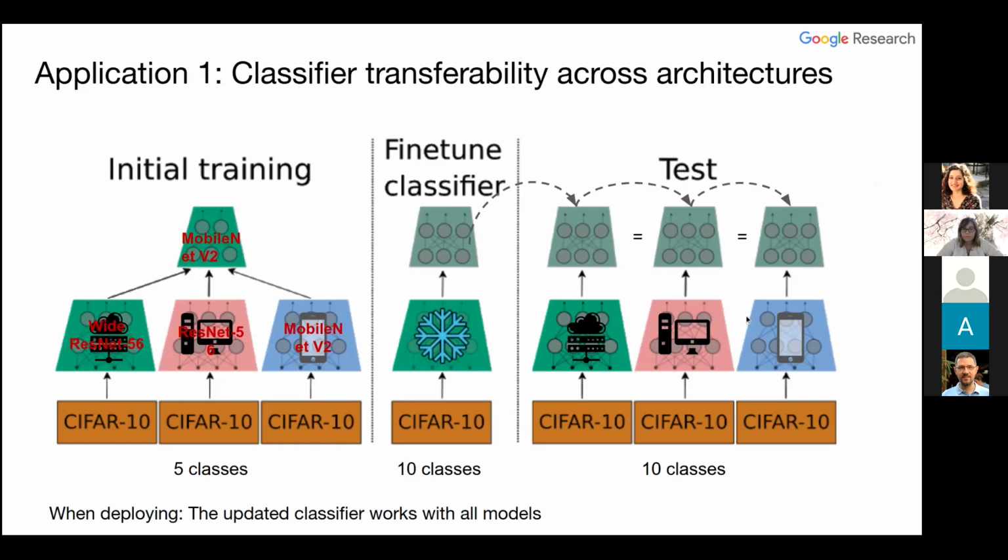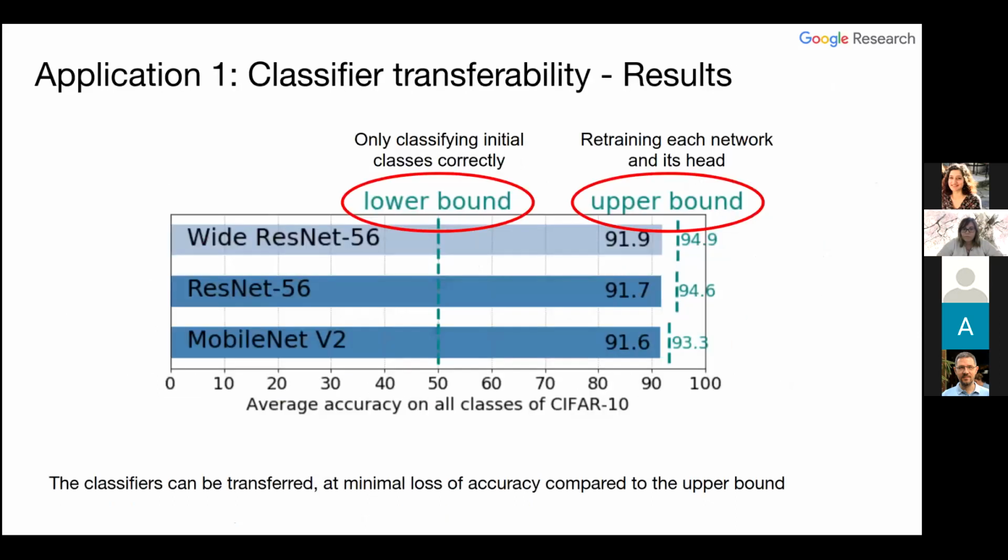So we get, for example, the mobile model with a combination of feature extractor and classification head that was never seen during training, and then directly use that model. Here are the results, where as an upper bound we have the brute force approach that I introduced earlier, where we retrain all the models every time. The lower bound is just correctly classifying the initial 5 classes, but not the rest.